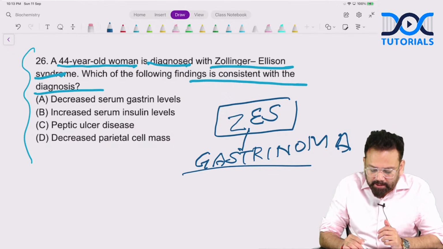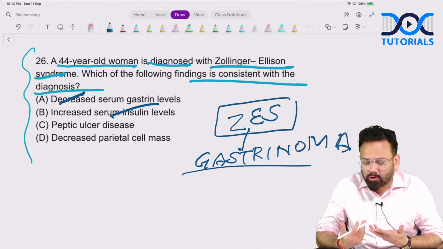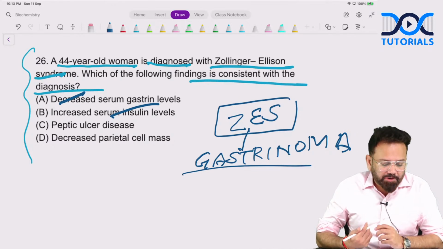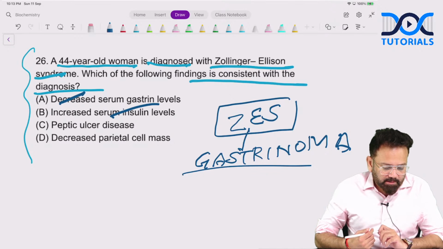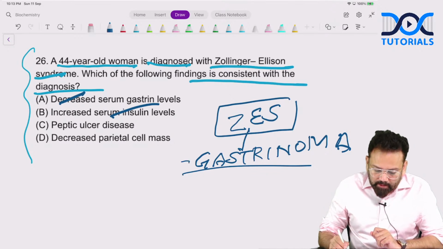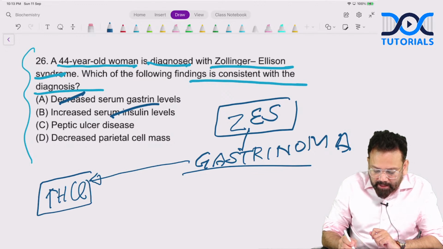Gastrin releases what? Decreased gastrin? No. Increased insulin? Gastrin releases which hormone? What is increased by gastrin? It will increase HCl, and HCl will cause peptic ulcer disease.